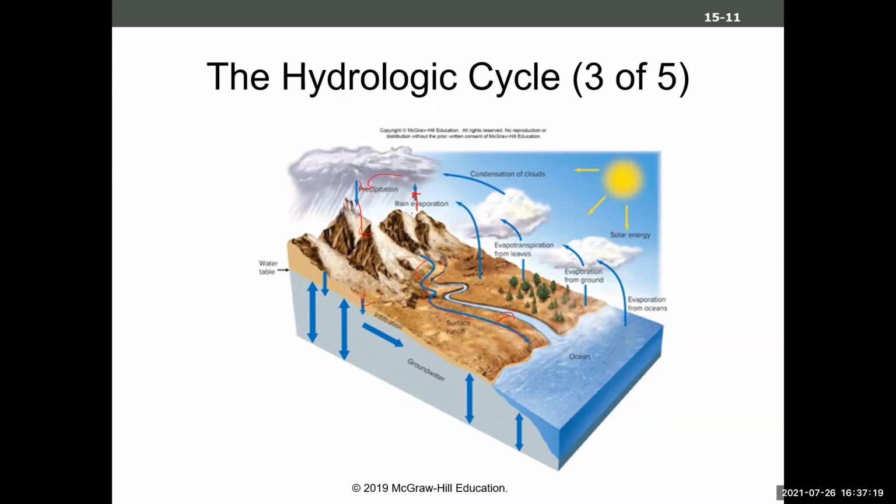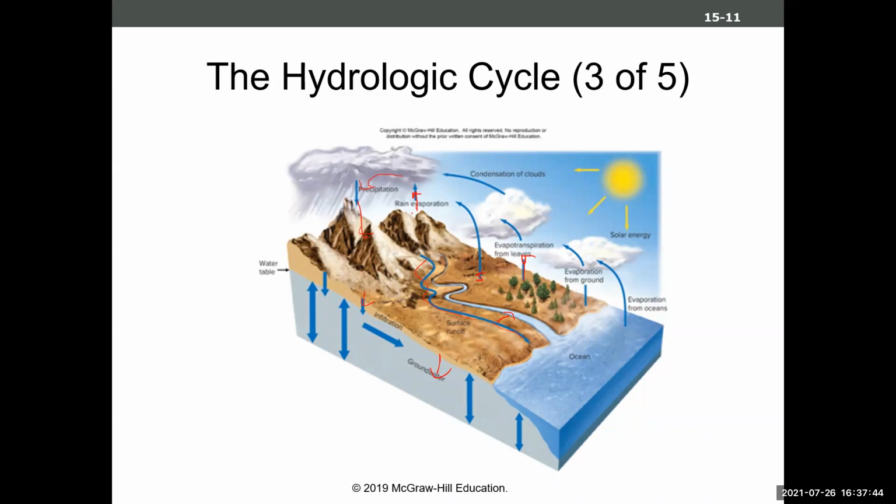While it's in the soil, it will go down into the groundwater. It will be taken up by trees, by vegetation, in which it will undergo evapotranspiration. Or if it's on the surface, it will evaporate back into the atmosphere. And then that leads again back to condensation, where precipitation happens, and then the cycle continues.